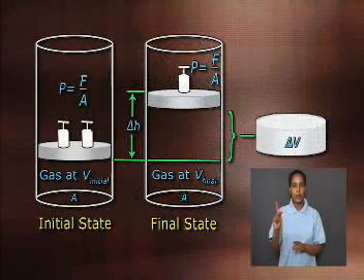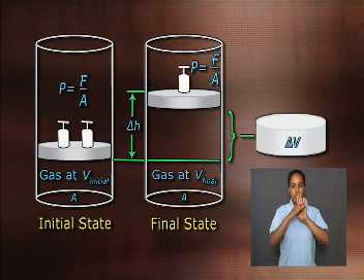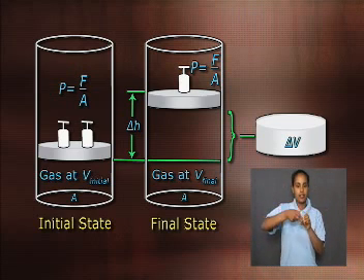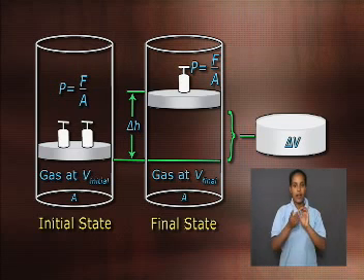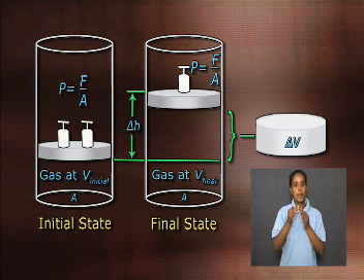The product of the cross-sectional area of the cylinder, which is represented as A here, and the height, which is represented as delta H, shows the change in volume of the gas. This is shown as delta V. By replacing area times height with delta V, which is its equivalent, we are able to see that the work associated with a gas that expands at constant pressure is described by the following equation.